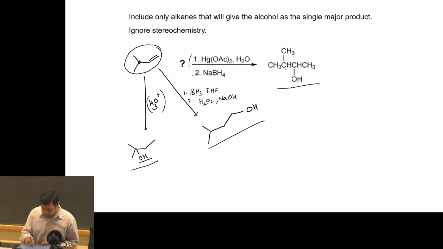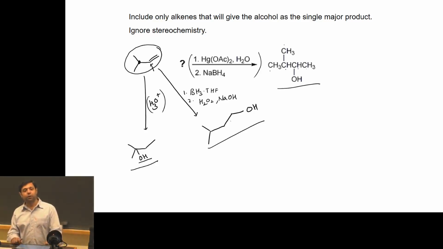If you perform oxymercuration, there is no carbocation rearrangement, but it will always follow the Markovnikov rule. You will get OH on the more substituted carbon of the double bond. If you perform hydroboration oxidation, you will get the OH on the less substituted carbon of the double bond. All right. So that finishes hydration, adding H and OH to the double bonded carbons.